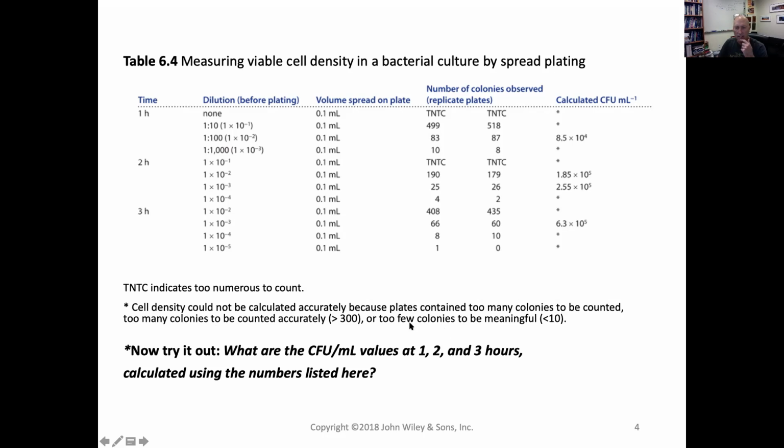Now this down here says too few colonies to be meaningful, less than 10. I just said in the lab worksheet, anything greater than 0 and less than 300, okay? So if it's 0, don't use that in calculating the CFU per mil. There's nothing there, okay? So at any rate, it says now try it out. What are the CFU per mil values at 1, 2, and 3 hours? Calculated using the numbers listed here.